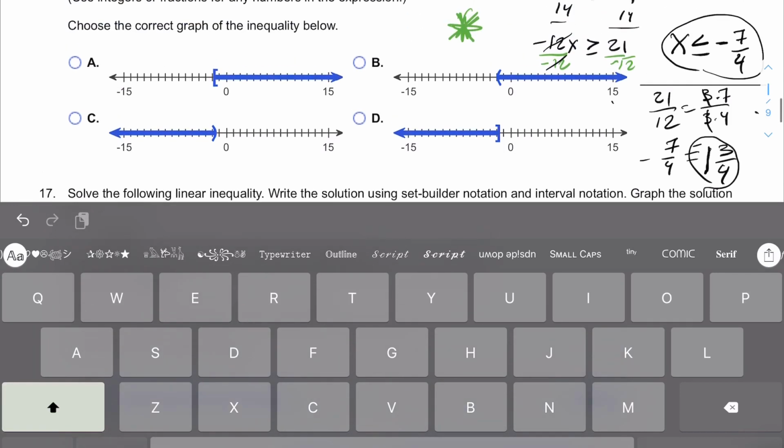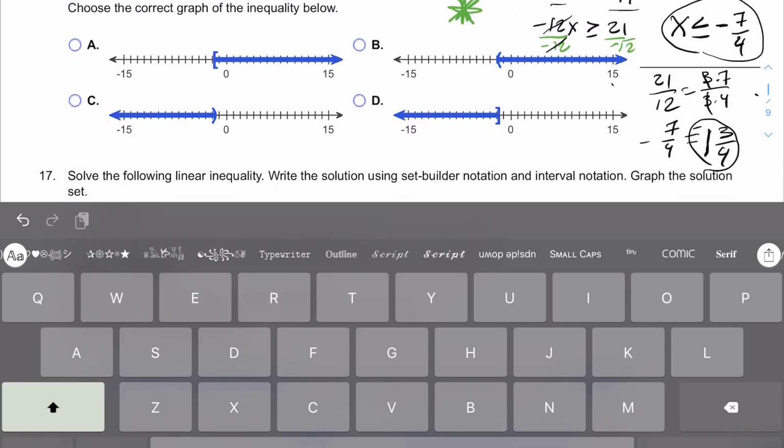So you can see the negative 1 3/4 is right there, and they put them in the right place on all of them. So we've got to find the graph for x values less than or equal to negative 7/4. Less than means it goes to the left, and equals means it's going to be a bracket. So this problem must be D.